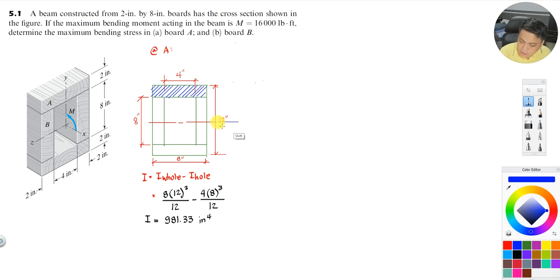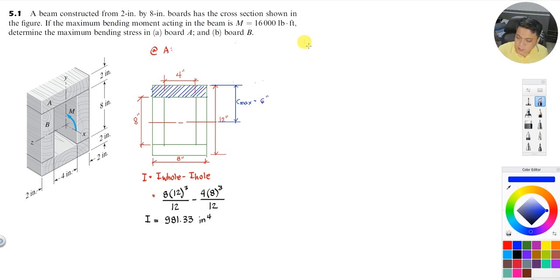Dito nagsisimula yung fiber niya, nagtatapos doon, vertically. So, nandito yung ating maximum, no? So, you can have that as c maximum. Ilan nga yun? So, you can have it as 6 inches.